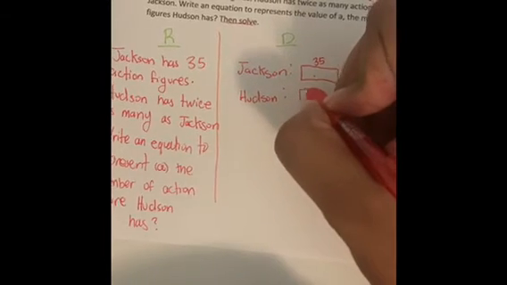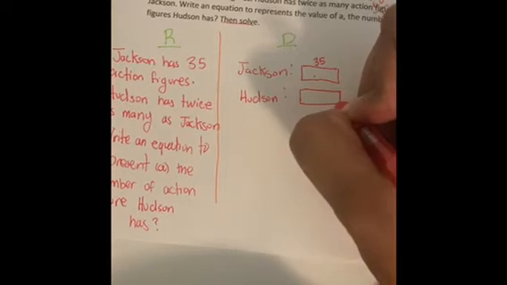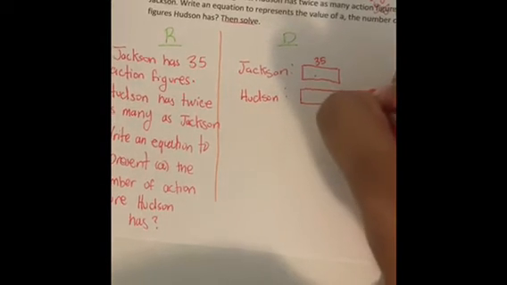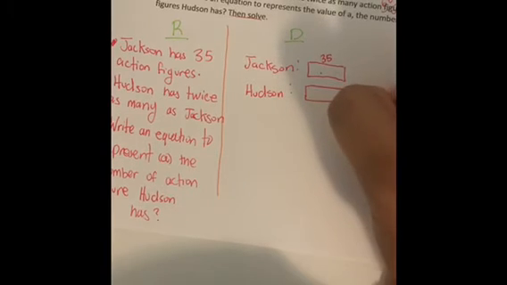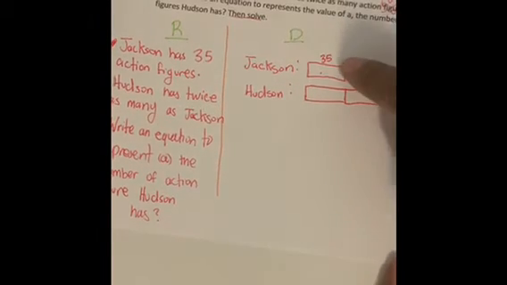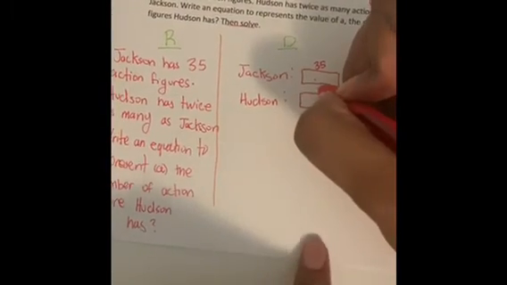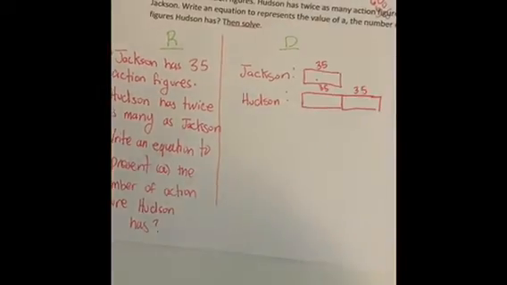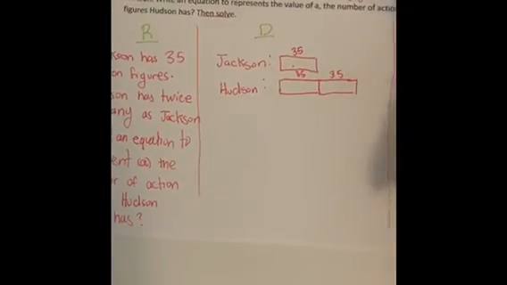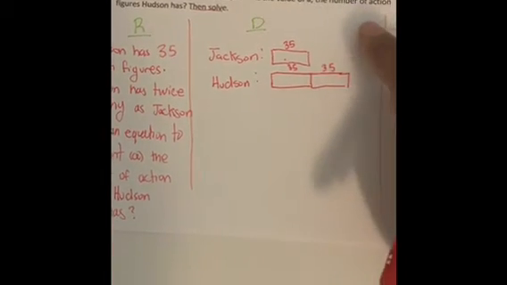So I'm actually going to draw another tape diagram. That's 1. He has 35, but then he has twice as many action figures. So you got 35, you have twice as many. So twice, that means he would have 35 here and 35 here. So how would you write this equation? A couple ways you can do this to make it equal to A, the number of action figures.